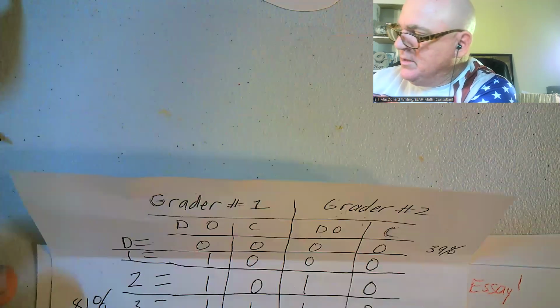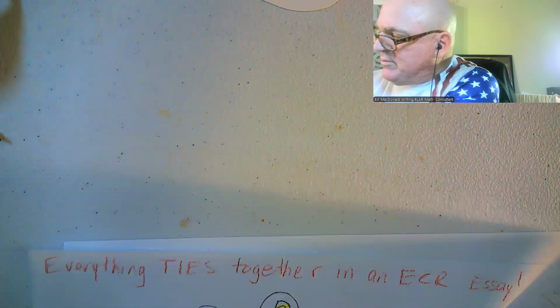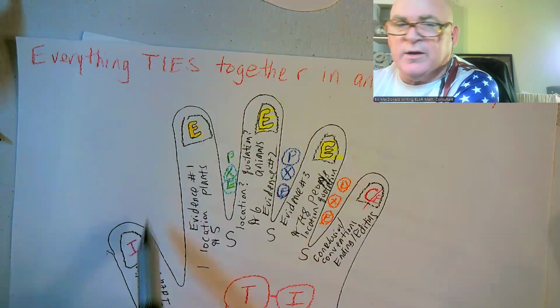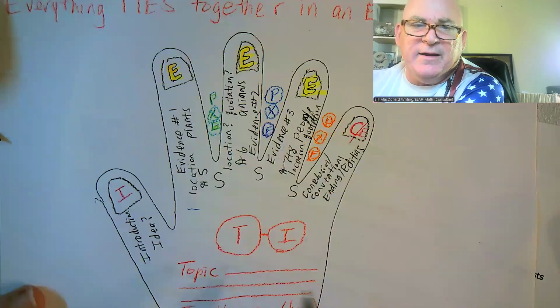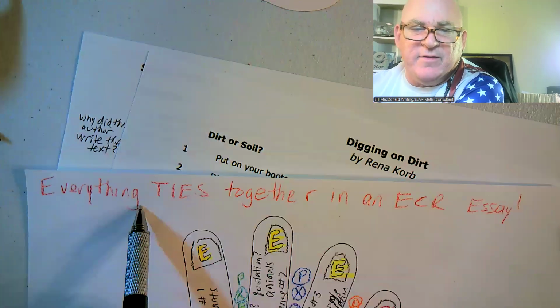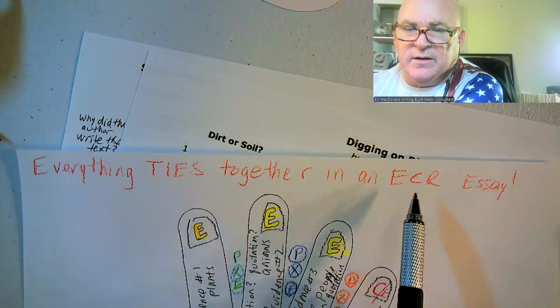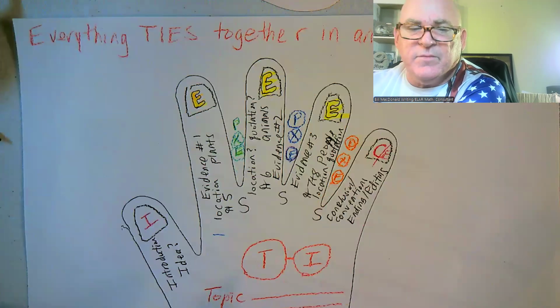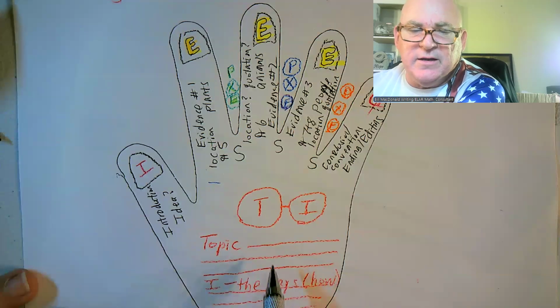So what I recommend that you do next is your kids could quickly draw a hand, and in a good essay, everything ties together in an ECR essay using those 5 bullets. Clearly state your central idea.